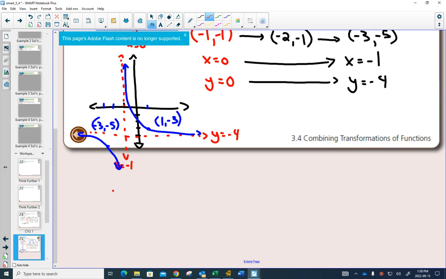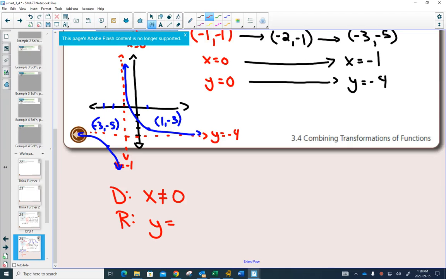The best way to do domain and range for graphs with asymptotes: there's an asymptote at x equals 0. So we write our domain is everything except x can't equal 0. The original graph had an asymptote at y equals 0, but everything else was included.